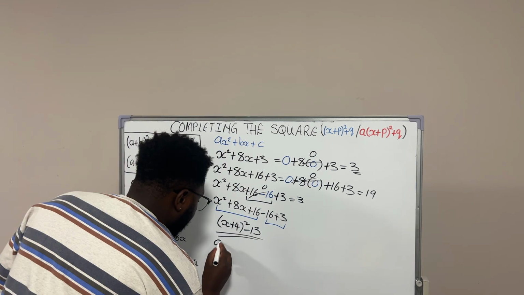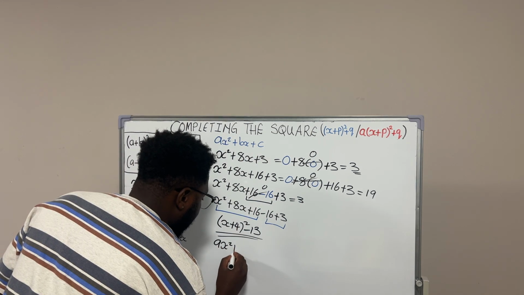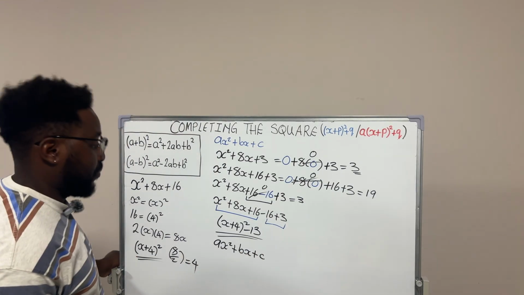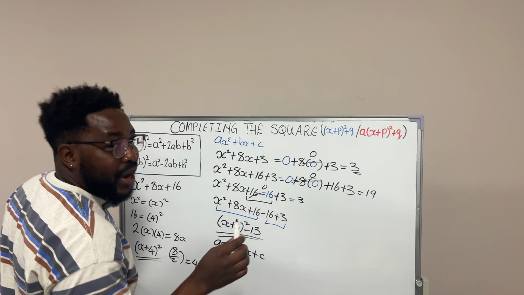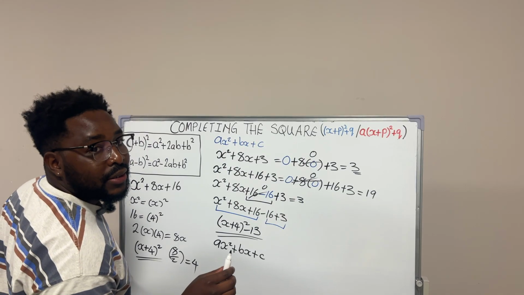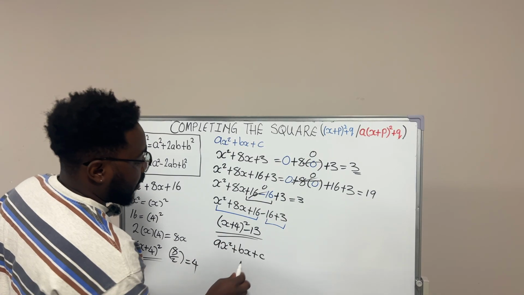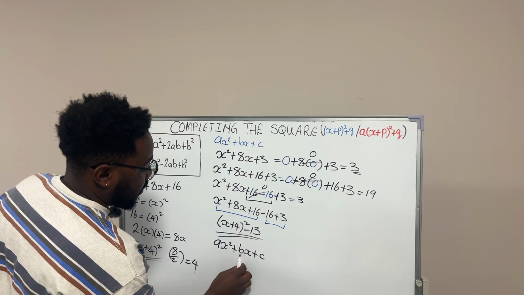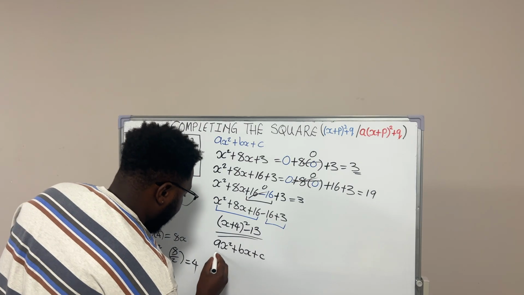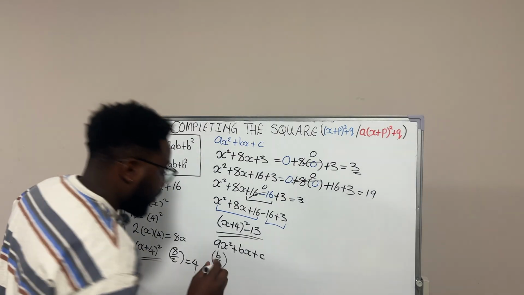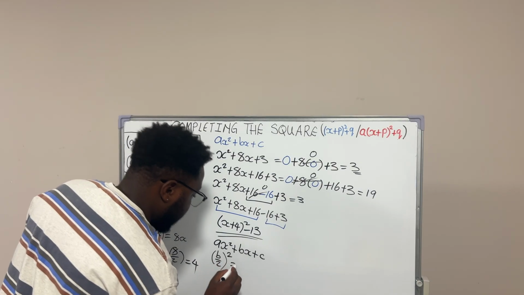Yes? A x squared plus b x plus c. Now, we have to take the half coefficient of x. And the coefficient of x is b. So let's take the half, and then square it. Right?